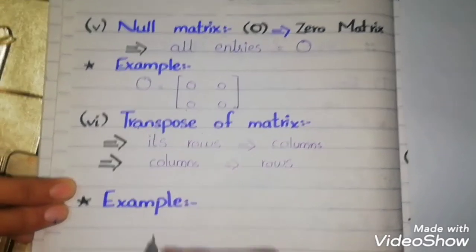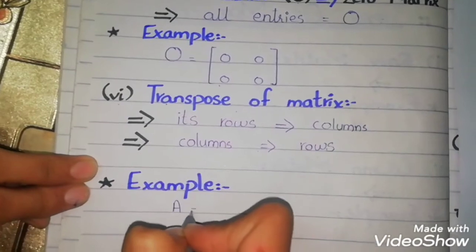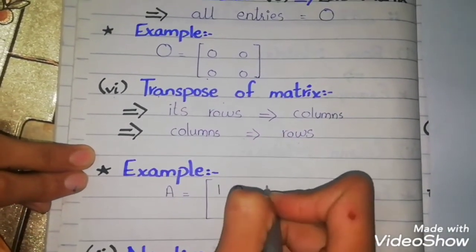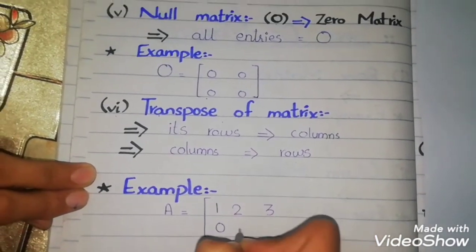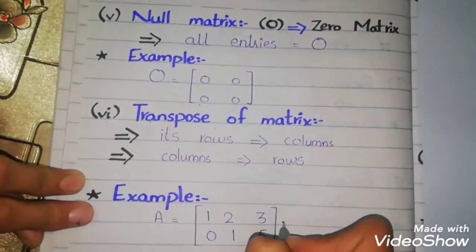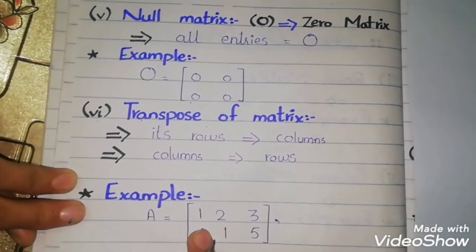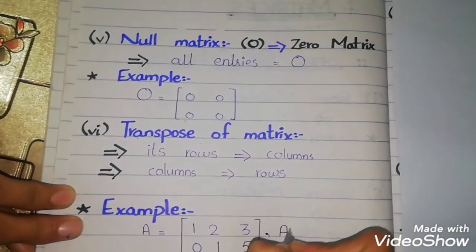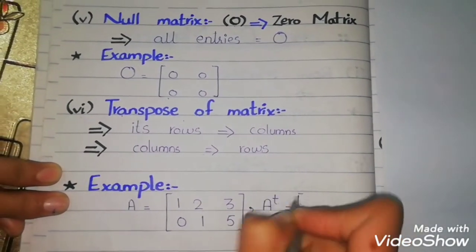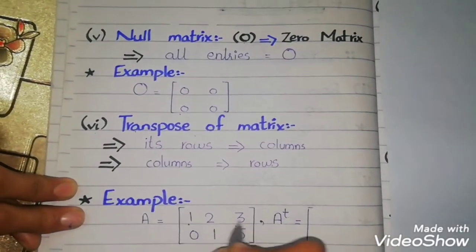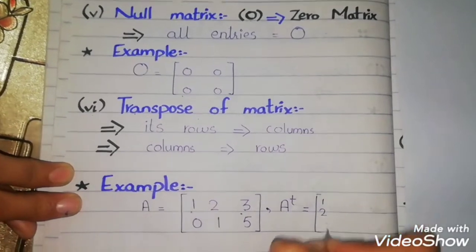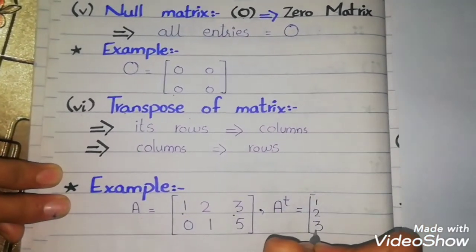For example, a matrix A is equal to [1, 2, 3; 0, 1, 5]. Its transpose, which is represented by A^T, is equal to: 1, 2, 3, which is here the row, becomes column 1, 2, 3.